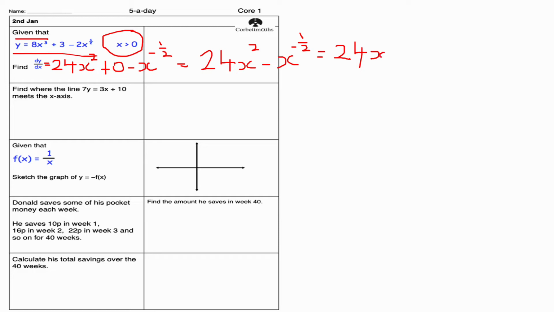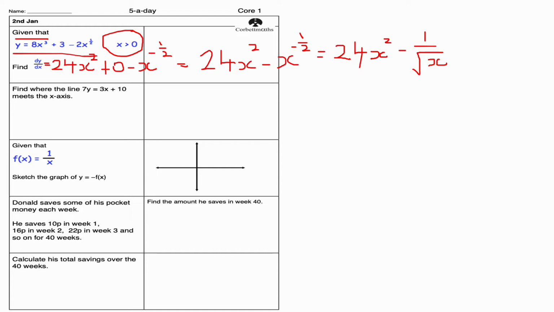So 24x squared, and then minus 1 over the square root of x, because remember that x to the power of a half means the square root of x. The negative index flips it, and then I change it to the power of a half, and that's my final answer. Either one of those answers is acceptable, and it will get you the full marks in the exam or in the test.